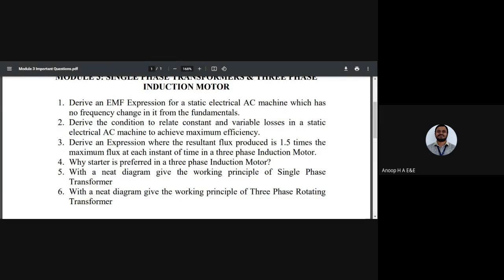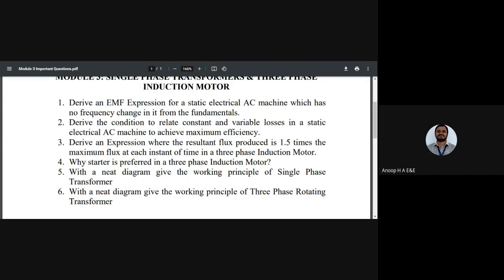Now I need to derive an expression for the EMF induced in the respective coils, that is E1 and E2. E1 is the primary EMF and E2 is the secondary EMF.